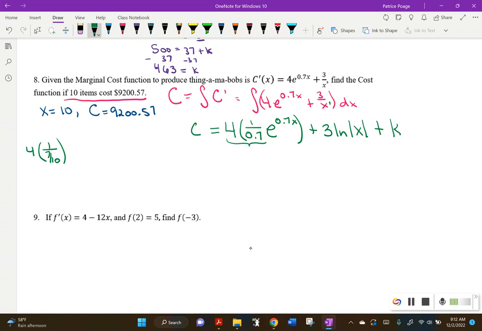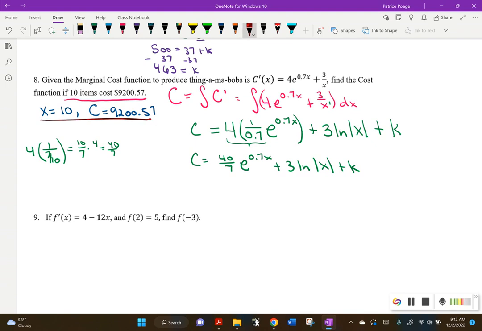So dividing by a fraction, that's the same thing as multiplying by its reciprocal. And so we get 40/7. So we have c equals 40 over 7 e to the 0.7x plus 3 natural log of absolute value of x plus k.